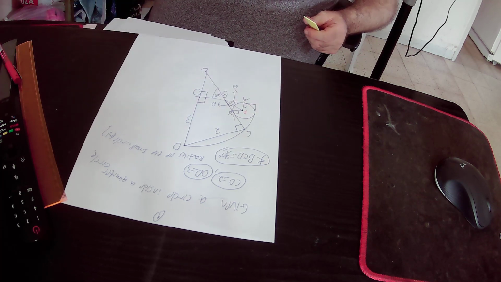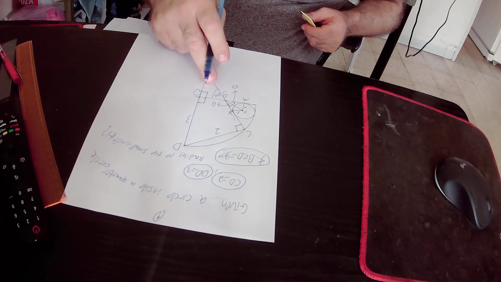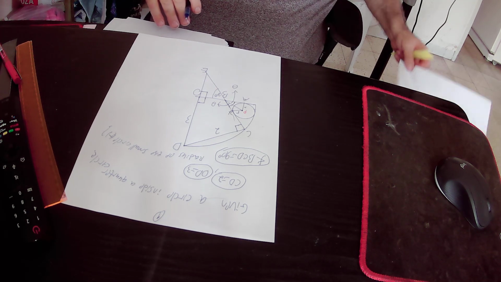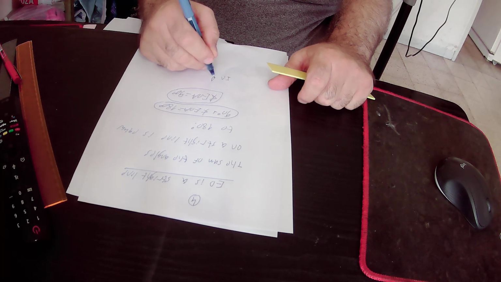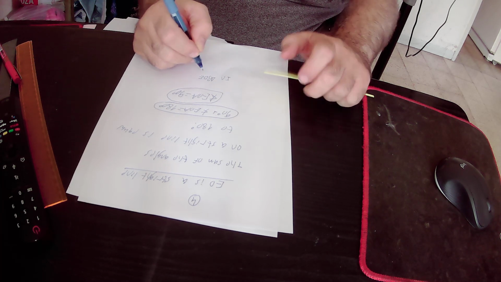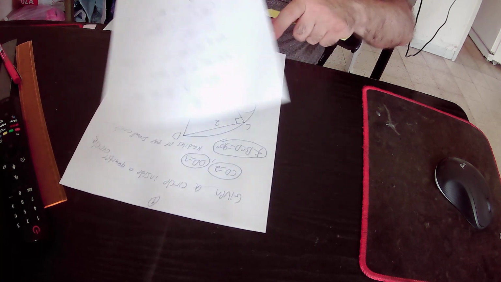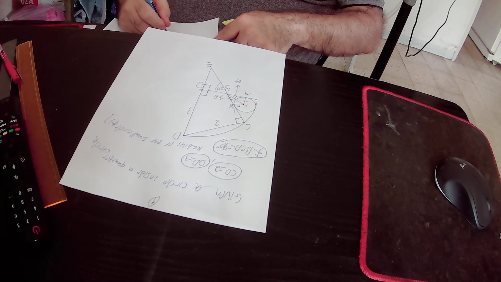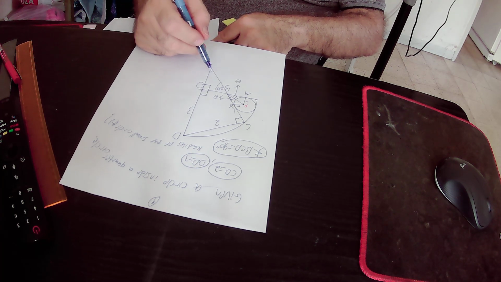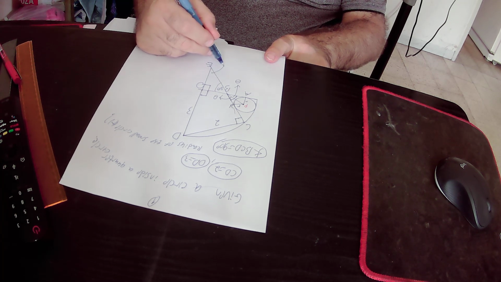So actually, if we focus on triangle BOE, in triangle BOE, angle BEO will be equal to 90 degrees minus 2 theta.